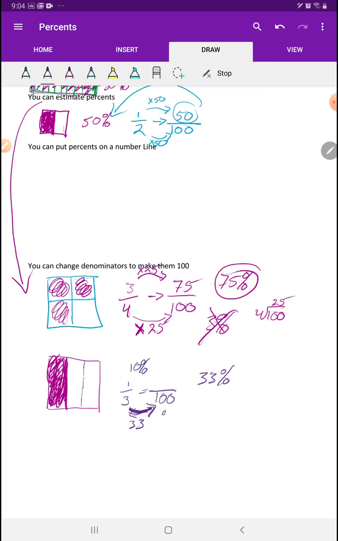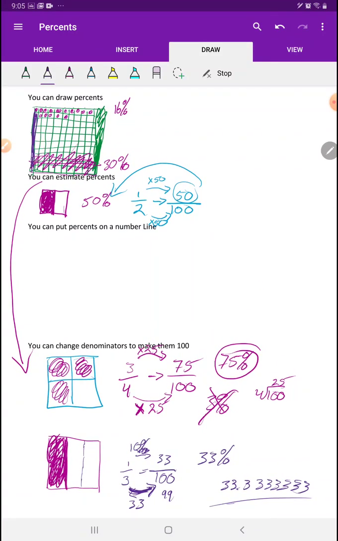And when you multiply by 33, you get 99, not 100, but that's okay. It's close enough. So then we multiply by 33 here, and we get 33 over 100. All right? When you do thirds, it's always 33.3333333 forever.